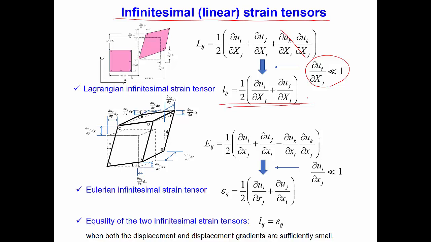In the same way, from the Eulerian finite strain tensor, we can neglect the higher order term to define the Eulerian infinitesimal strain tensor like this. Of course, under the condition that the deformation is small, when both the displacement and displacement gradients are small, then the Lagrangian infinitesimal strain tensor is the same as the Eulerian infinitesimal strain tensor.